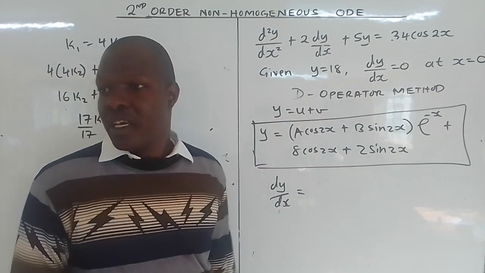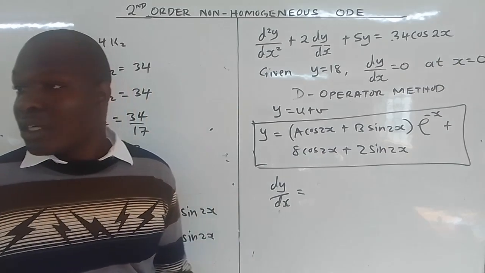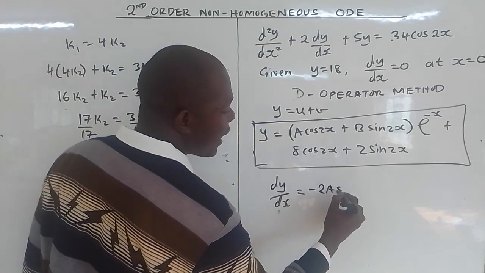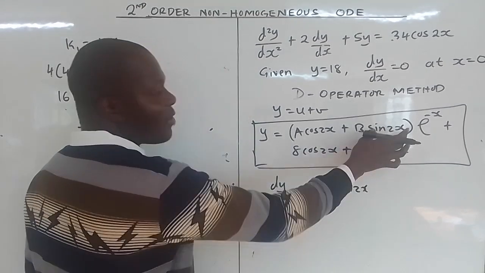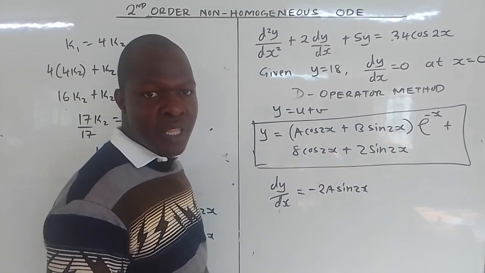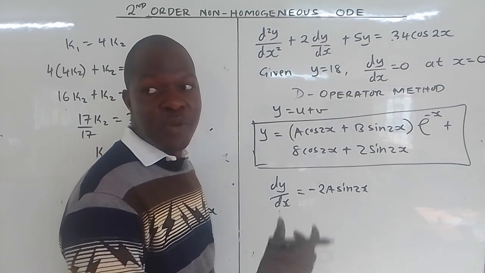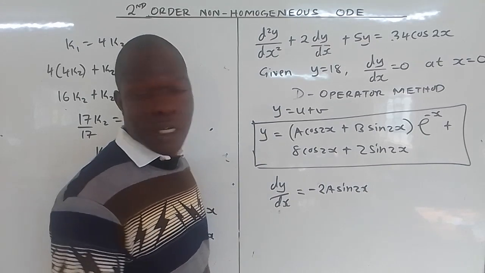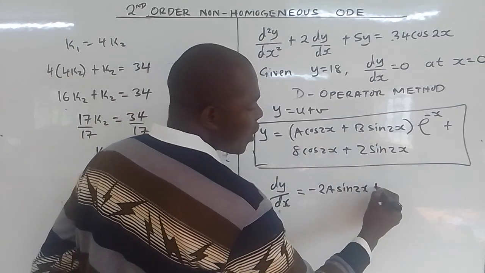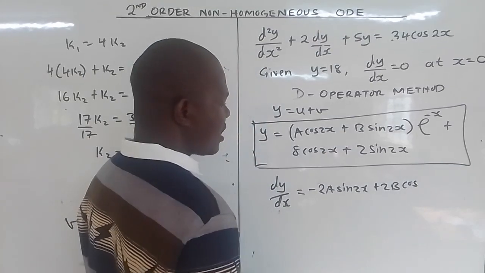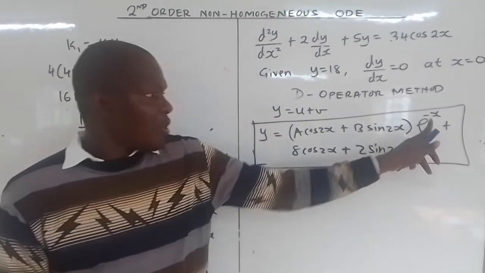So at the end, it is negative 2 sine 2x, so here we have negative 2A sine 2x. If you differentiate sine 2x, you get 2 cos 2x. You must differentiate both the inner and outer function, isn't it? So 2 cos 2x times B, you have plus 2B cos. No, there's a problem. There's an exponential outside.